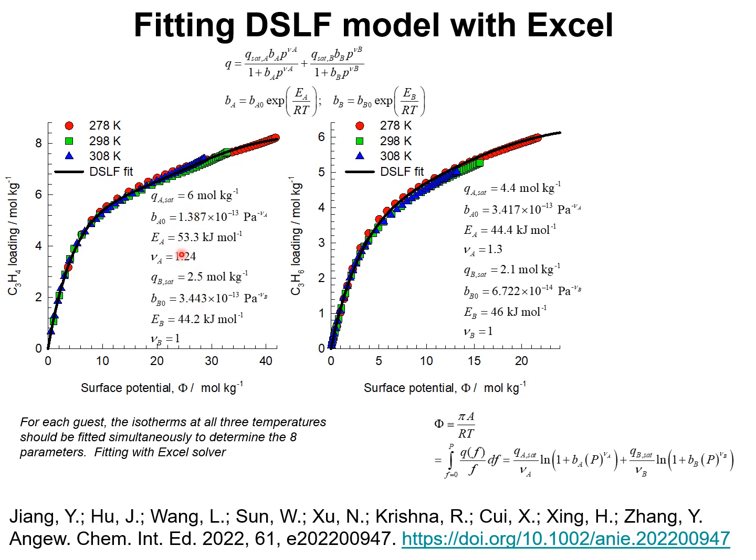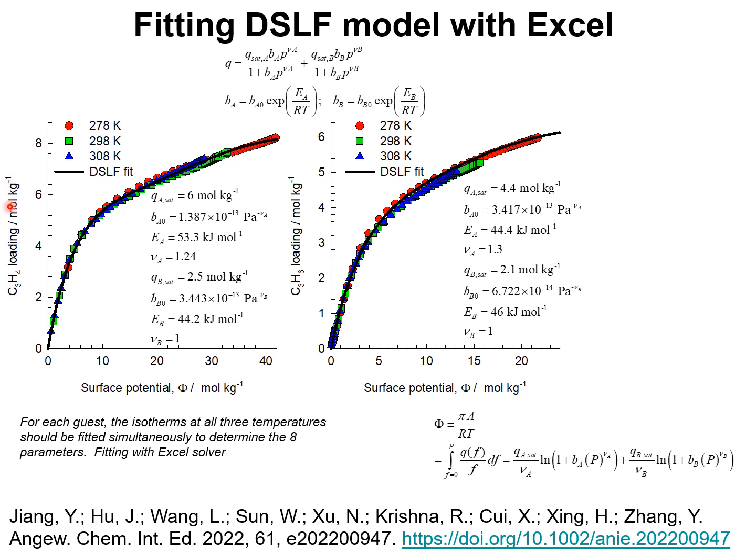For example, for propine, the fitted parameters are shown here. You note that the QA sat value is 6, then the QB sat value is 2.5. If you add them together, we have a saturation capacity of 8.5, which seems to be reasonable because that is what the experimental data shows.